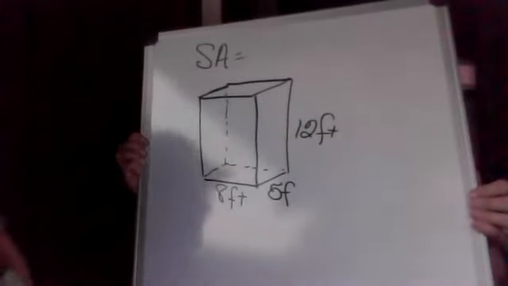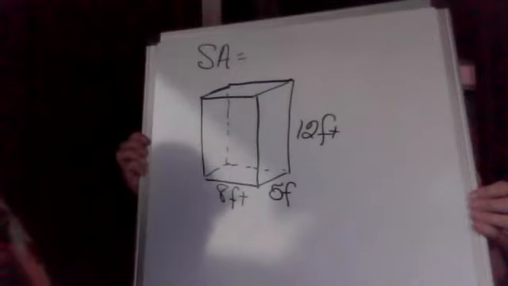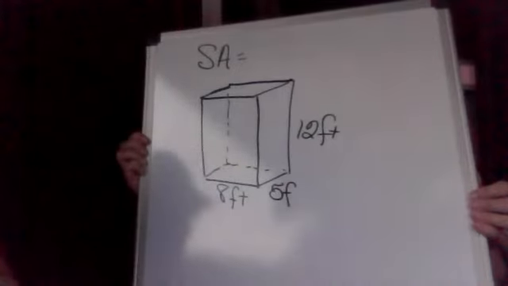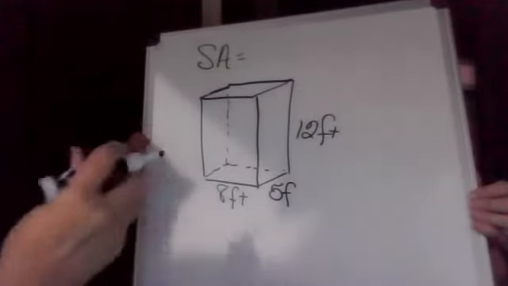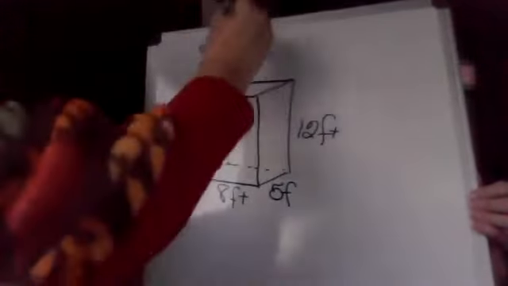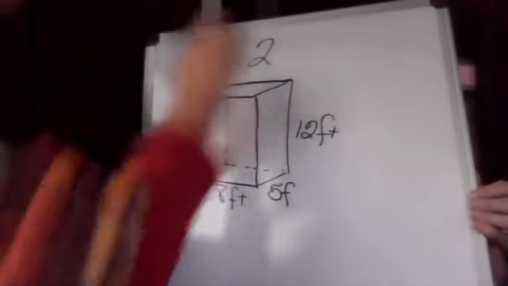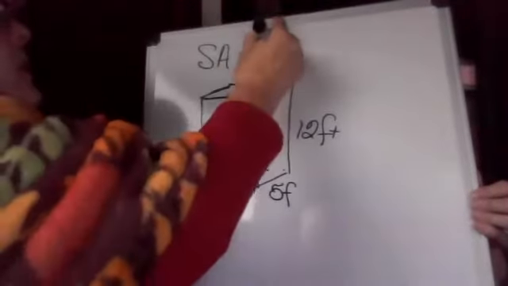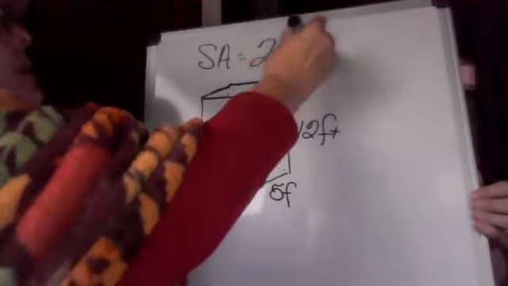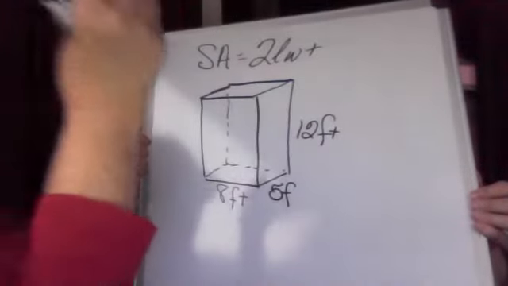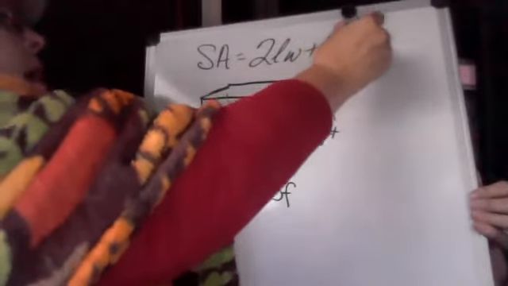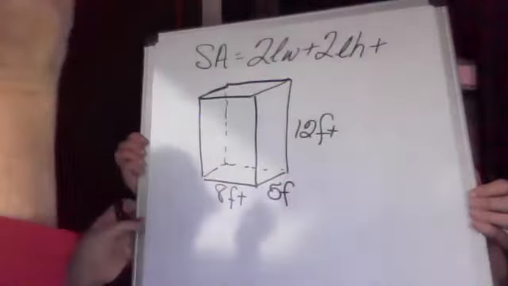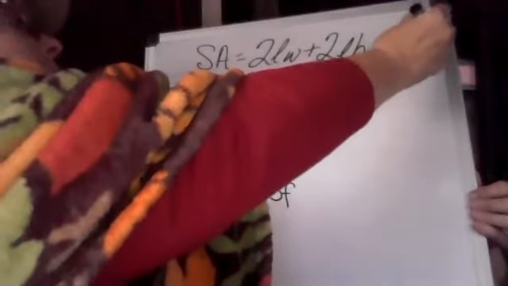Okay, now let's go to your formula chart if you haven't been there yet, and let's see what their formula is and how it relates to what we just did. So it says 2 times the length times the width plus 2 times the length times the height plus 2 times the width times the height.